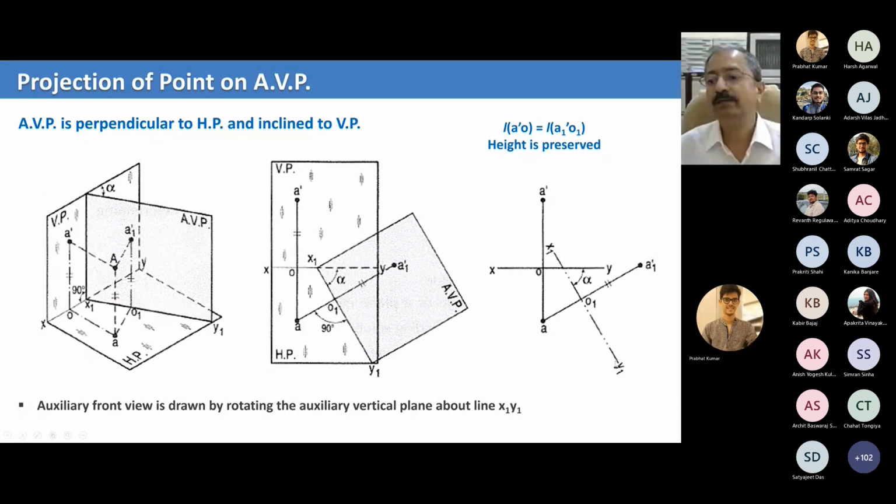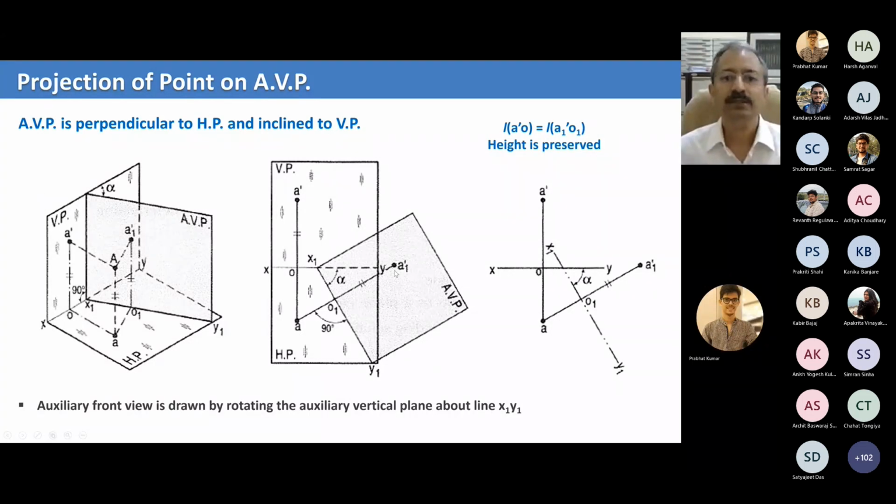To that line, you draw a perpendicular line from a, which goes all the way. Just keep projecting that. Then you identify the point A1 dash as O1 A1 dash, which is the same as OA dash in this, and therefore you get your auxiliary vertical plane projection of point A.